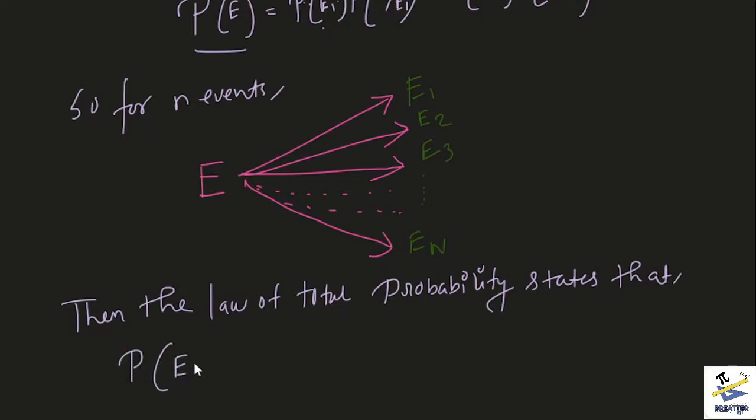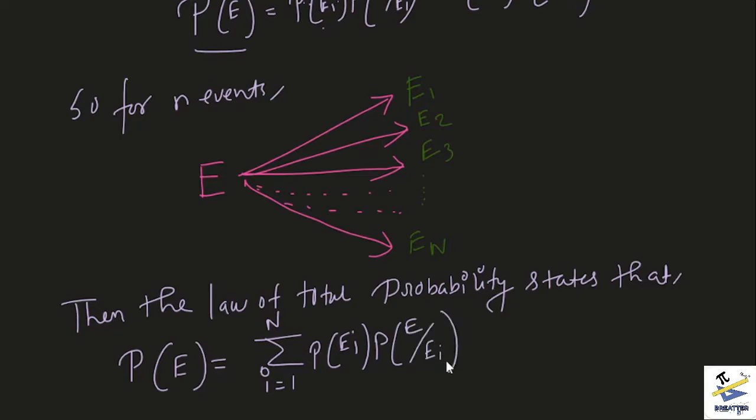probability of E should be equal to the summation from i equals 1 to capital N, which is the number of sub events of the event E, of probability of Ei into probability of E conditioned upon Ei, right?